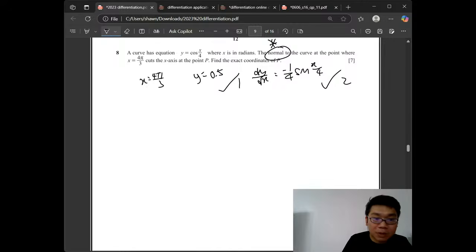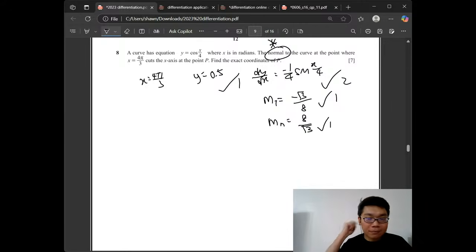And then find dy dx. You subs in the value of x equals to this, you should get -√3/8. Gain 1 mark here. And then this is always the gradient of the tangent. Then the gradient of the normal, you just apply m1 m2 equals to -1, then you should get 8 over square root 3.